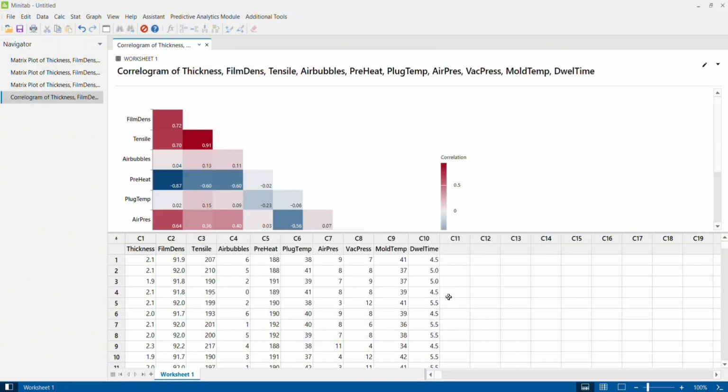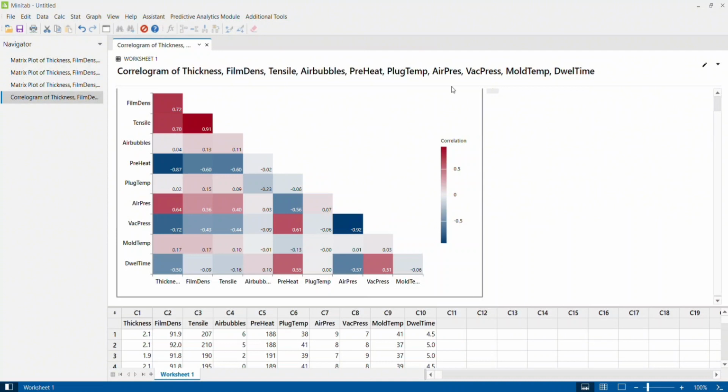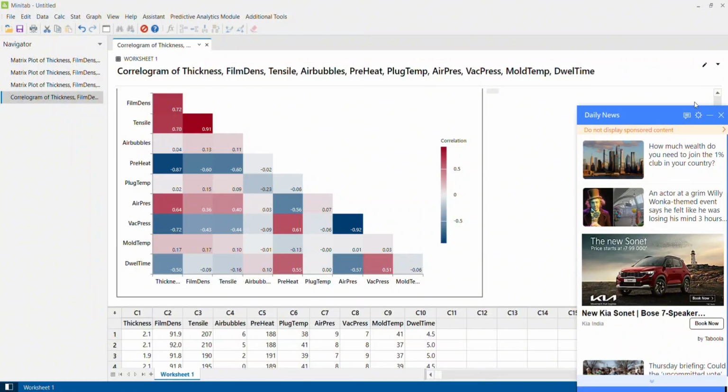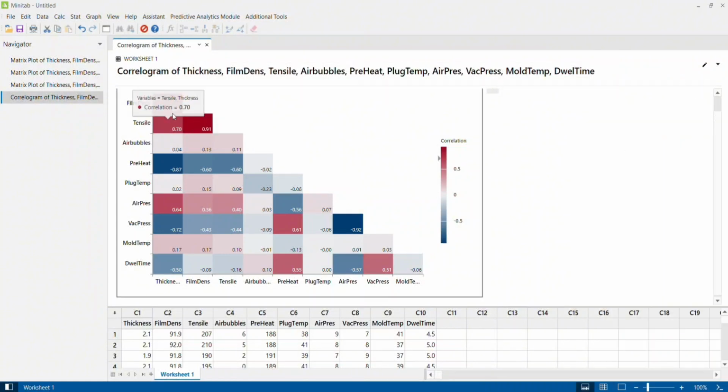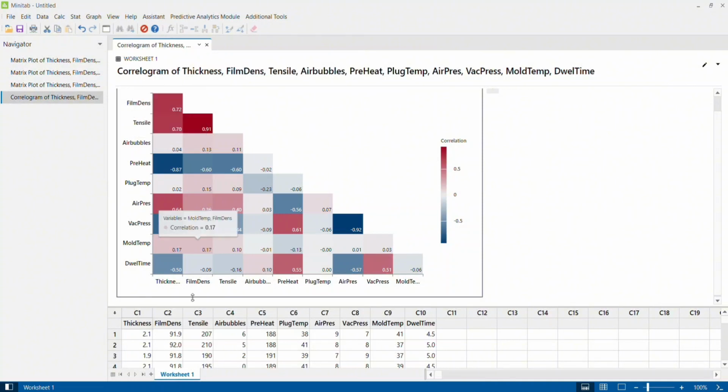Now I click OK, and I get this kind of graph. The good thing about this graph is that where you see a dark brown or dark red color, it indicates a strong positive correlation. Here, you see a strong positive correlation for film density and thickness, yes, you get a strong positive correlation.